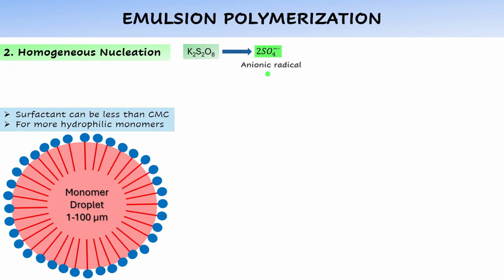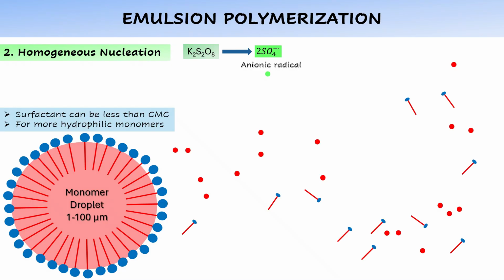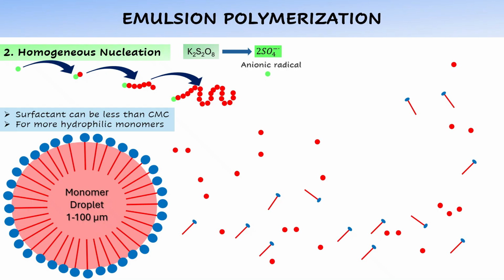These radicals then begin to attack the monomer molecules that are dissolved in the water. They grow chain by chain, forming what we call oligomeric radicals. As these oligomers grow longer, they become increasingly hydrophobic. Once they reach a critical chain length, they can no longer stay dissolved.